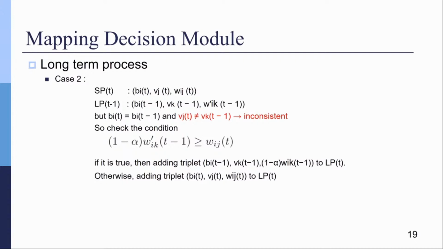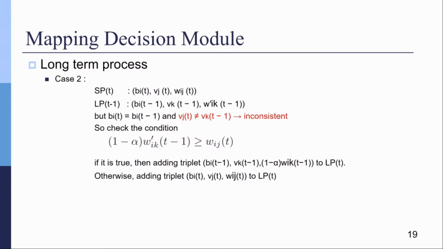Different from the first case, in case 2, we find a broadcast packet BI is paired with different vehicles in SP of T and LP of T-1. For example, in short-term pairing, BI is paired with vehicle VJ, but in long-term pairing, BI is paired with vehicle VK.